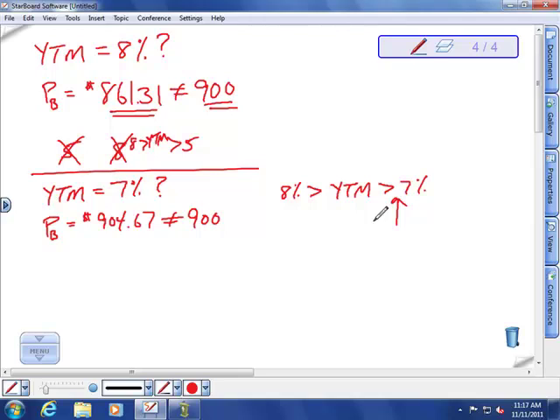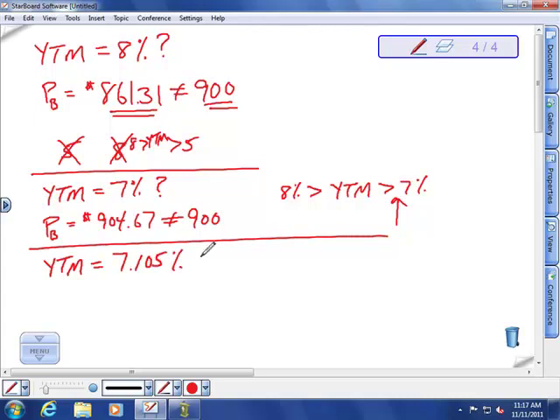And if we continue this process, we're going to find that the yield to maturity is equal to 7.105%. So if we were to try 7.1, well, that's still too low. If we were to try 7.2, that's too high. So then we start trying in between 7.1 and 7.2. We're finally going to end up with 7.105.